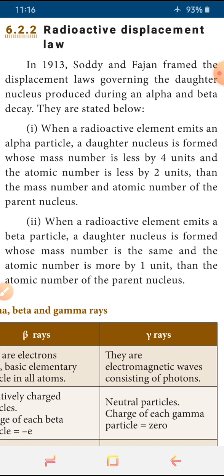Next point: when a radioactive element emits a beta particle. We know beta particles are nothing but electrons.